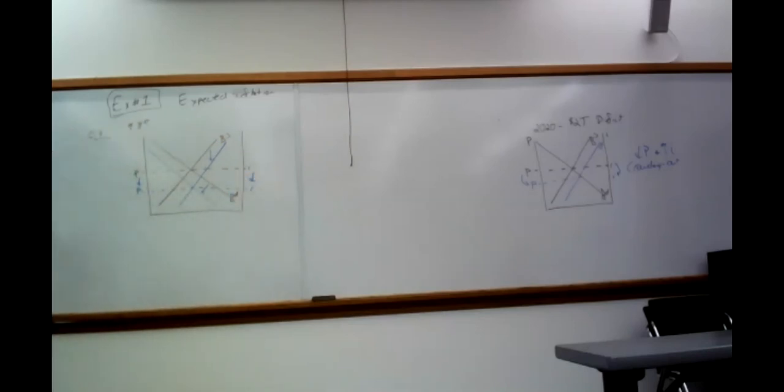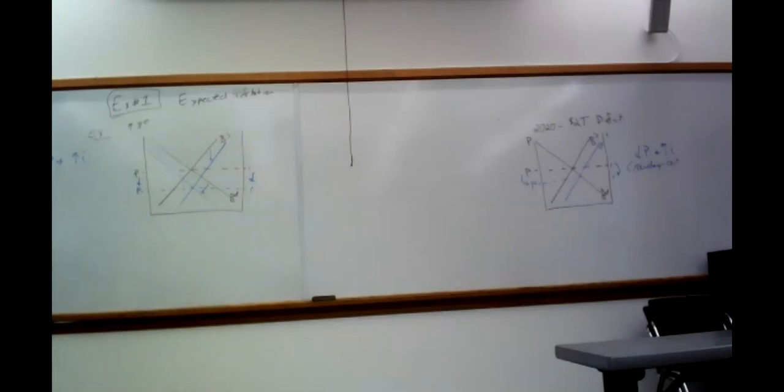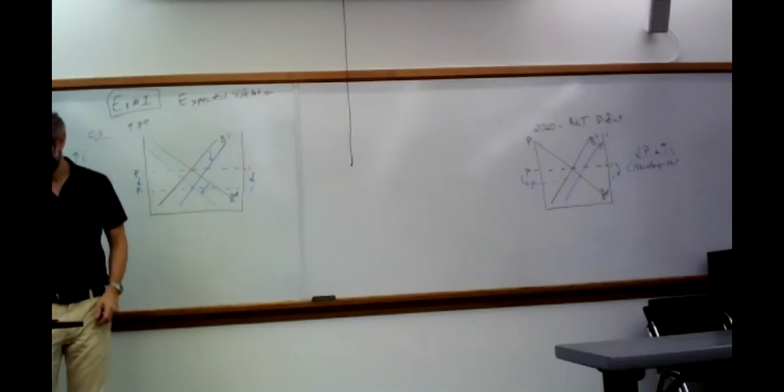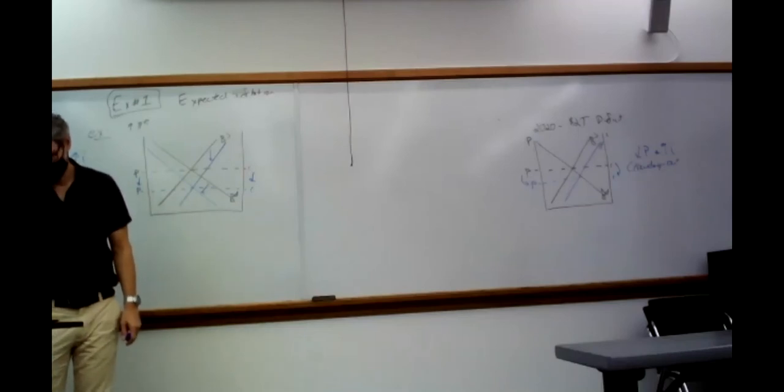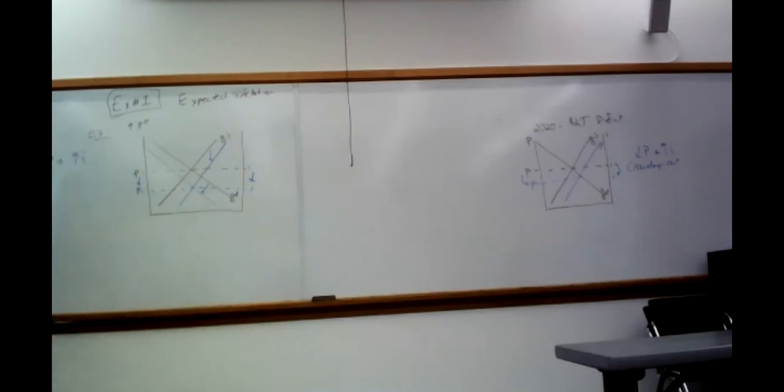And so what happens? Prices go down and yields go up. Right? Prices go down and yields go up.